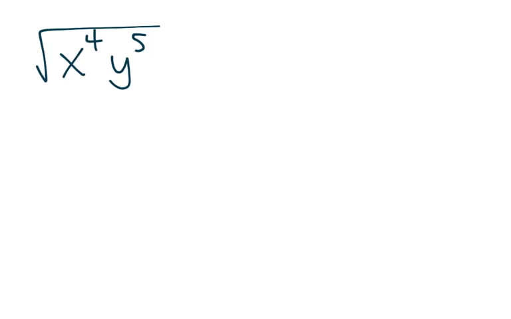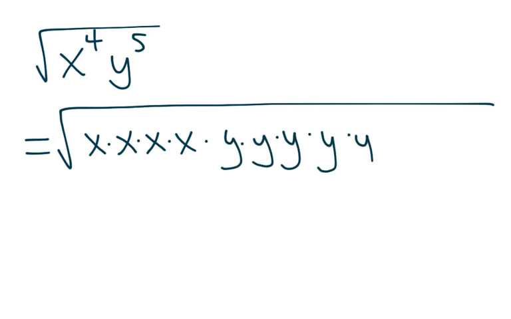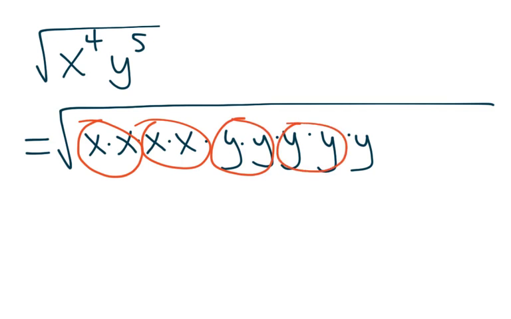Okay, so what we're really going to do is I'm going to write it down below because I need so much space. But I'm going to have 4 x's and I'm going to have 5 y's. And I'm looking for perfect matches here, so I have a pair of x's and another pair of x's and a pair of y's and another pair of y's.